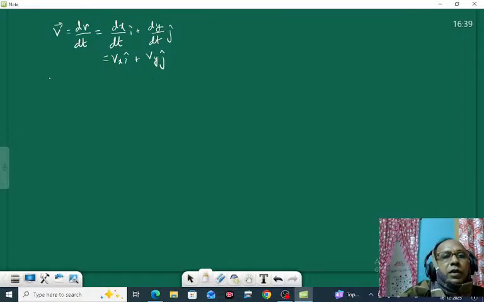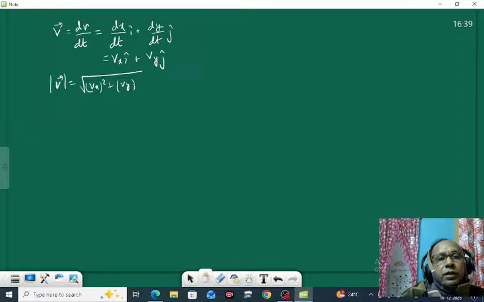And if you find the modulus of this vector v, we are getting root over of vx square plus vy square. We know this one, this is the modulus of the vector, where vx equal to dx by dt and vy equal to dy by dt.